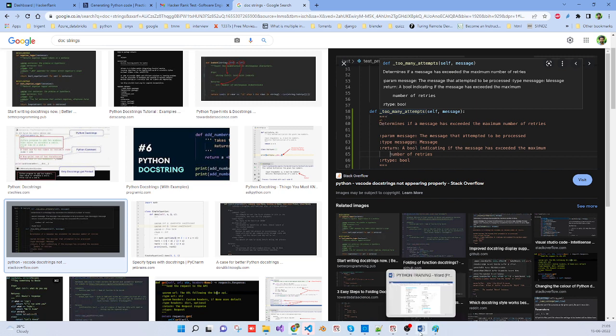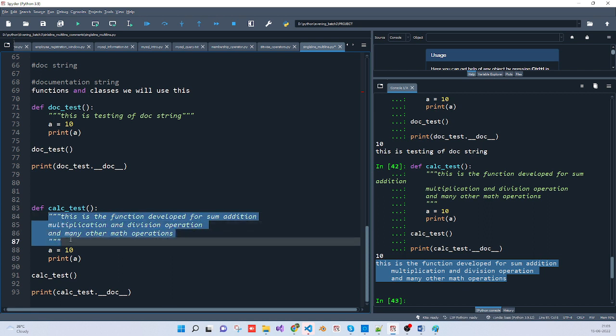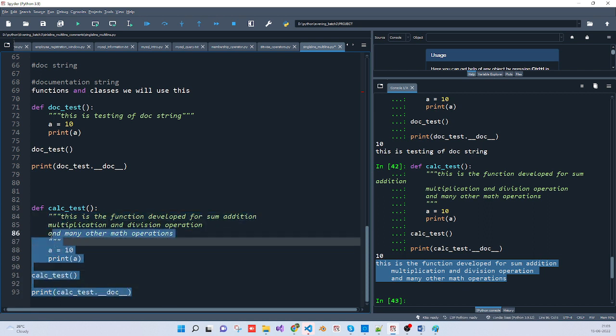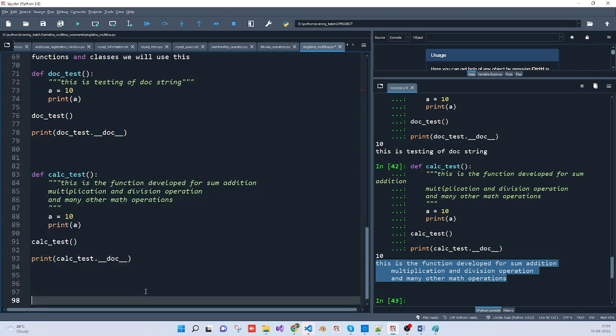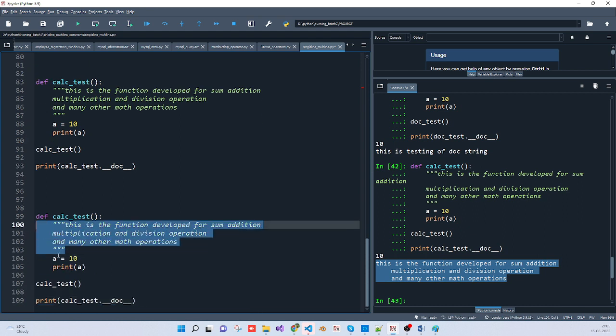What will a docstring do? A docstring will represent what the function is about. And there is one monkey fellow, what did he do? I will write the code here.